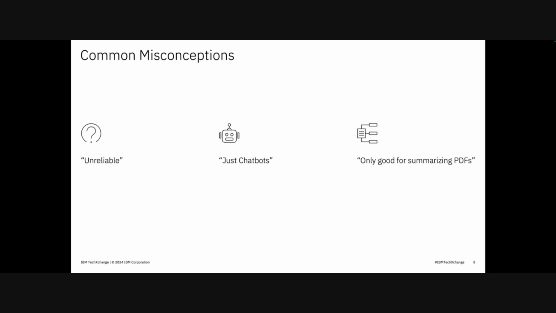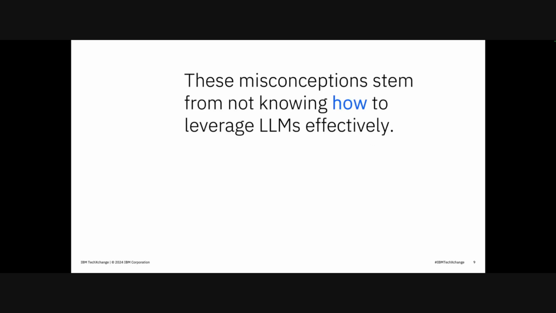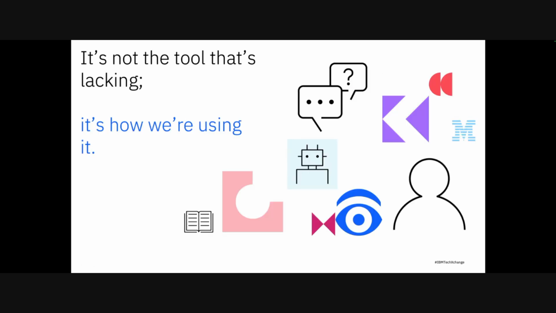If you are one of the people who've experienced this, and I know I am, who ask a simple question which the LLM should be able to answer, or you think it should, and it can't, you have to really try and break it down and understand why. Ultimately, these misconceptions stem from not knowing how to leverage these LLMs effectively, not really from the LLMs themselves.